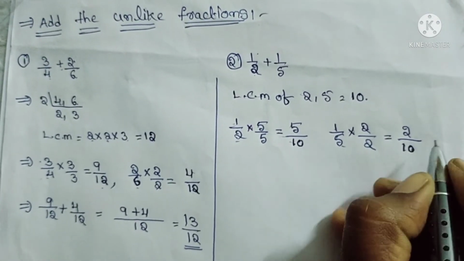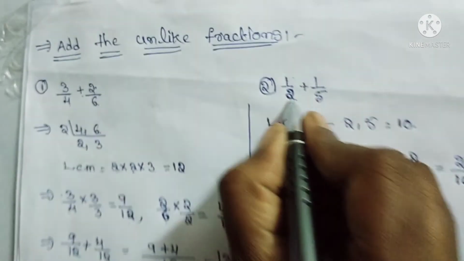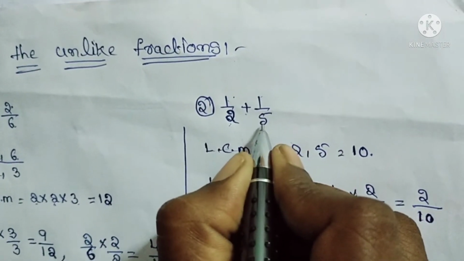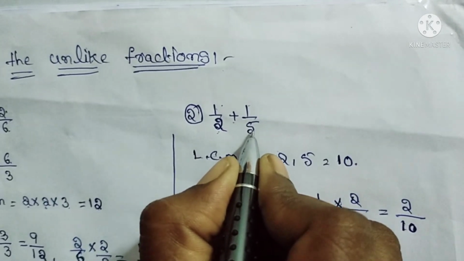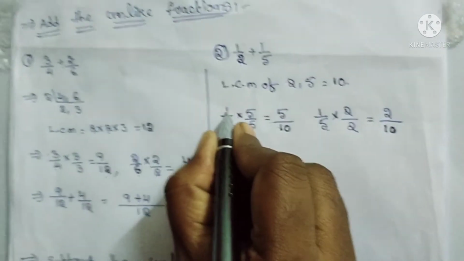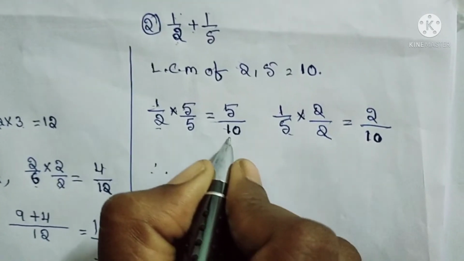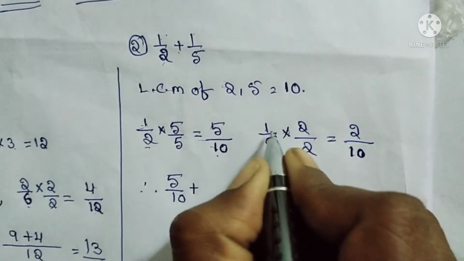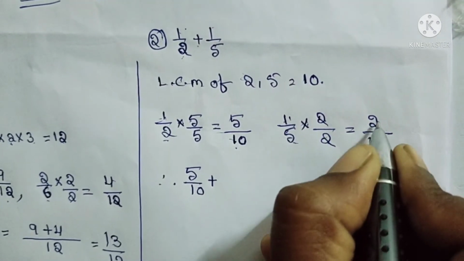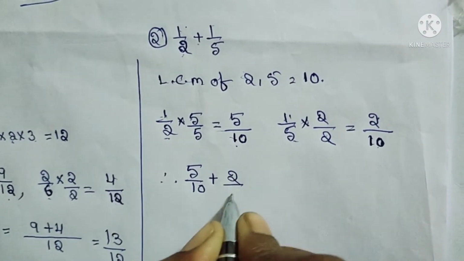So 2 by 10. 1 by 2 plus 1 by 5 are unlike fractions. They can be changed into like fractions. That is, 1 by 2 can be changed into 5 by 10, plus 1 by 5 can be changed into 2 by 10.